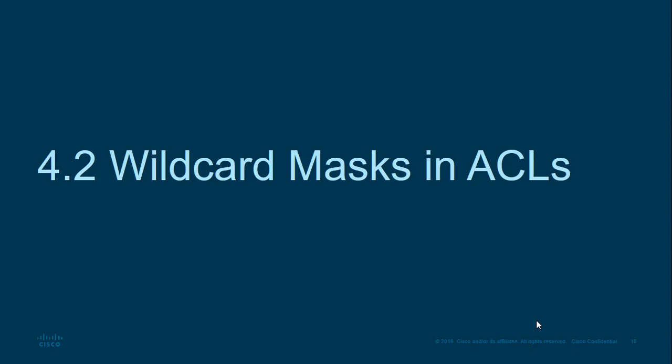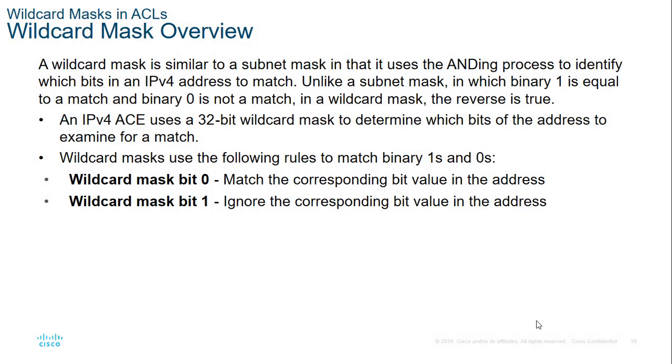So if we take a look at what a wildcard mask is, when we looked at the ACL that we originally created, it just said permit 192.168.10.0, the network, and then a space and 0.0.0.255. So what that means is we're actually comparing the bit numbers together.